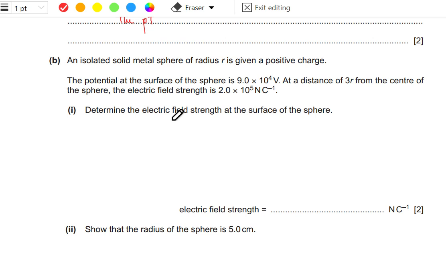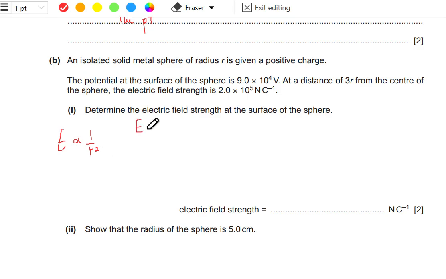So we have the electric field strength at 3r, but we have the potential at the surface of the sphere. We know that E is equal to kq over r squared, which means it is inversely proportional to the distance squared.